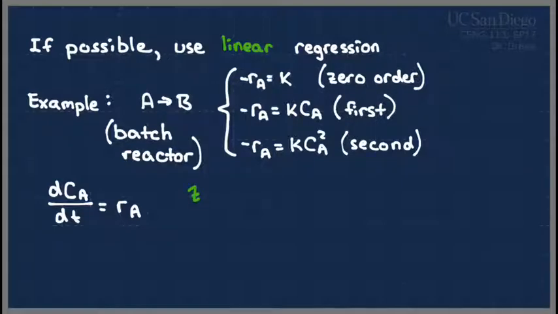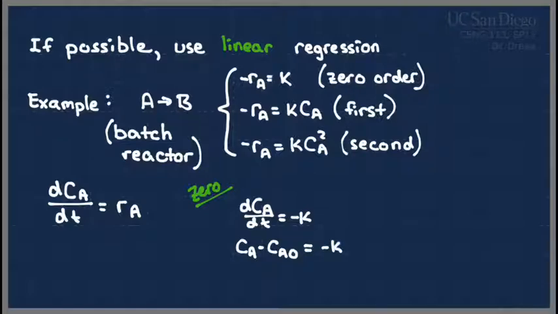If we look at a zero order reaction, we have dCA/dt is equal to minus k. If we integrate that, we end up with Ca minus Ca0 is equal to minus kt.